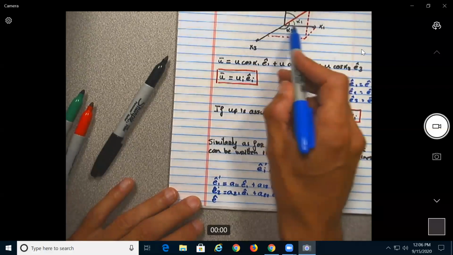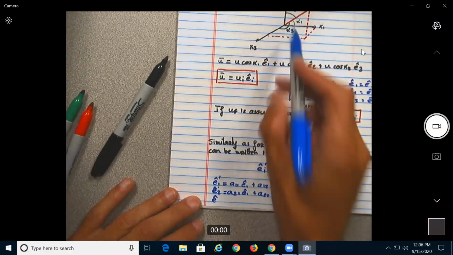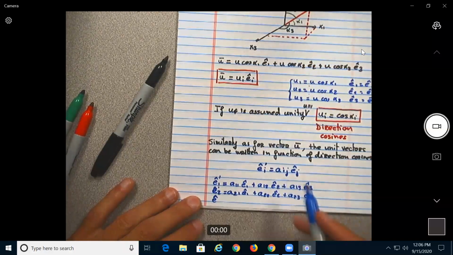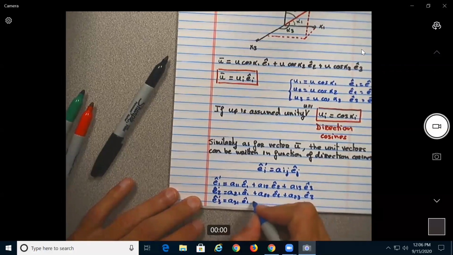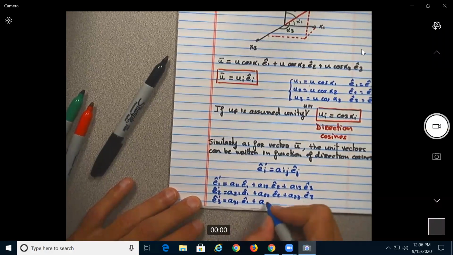So e3' will be equal to a31 e1 plus a32 e2 plus a33 e3.